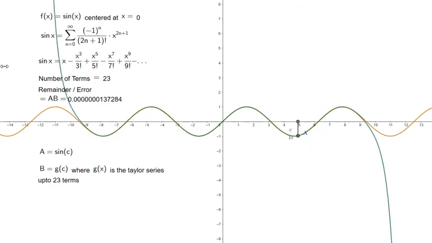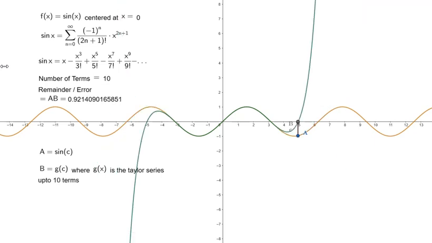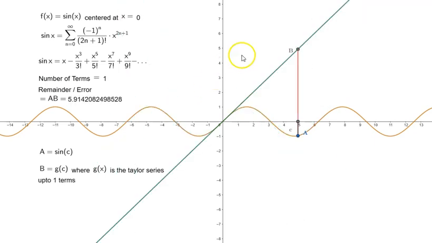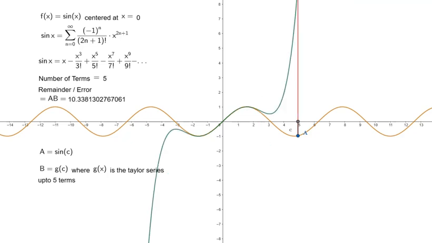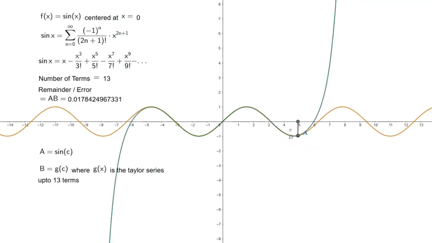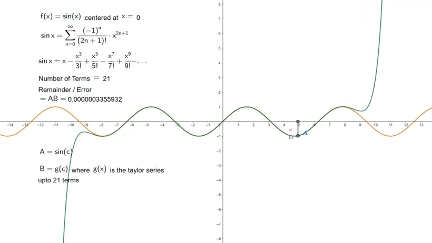And you see what is happening to AB? Here, the error is this much, 5.91 something. And as I keep increasing the number of terms, the magnitude of AB keeps decreasing till it reaches 0.